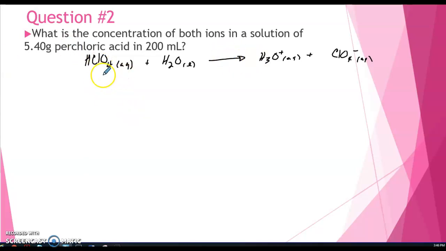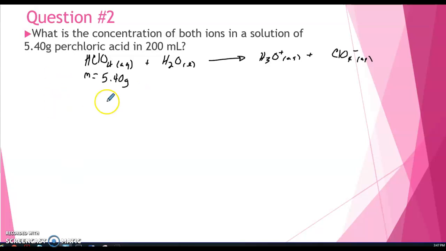It tells us we have a mass of 5.4 grams. And they also tell us our volume, that's 200 milliliters. And then it's asking for the concentration of each ion.